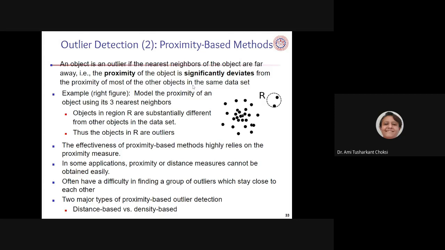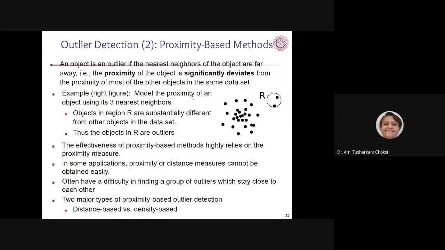Say for all these points, we can say that these 2 points significantly deviate from the proximity of most of the other objects in the same data. From that, these 2 points deviate significantly, isn't it?